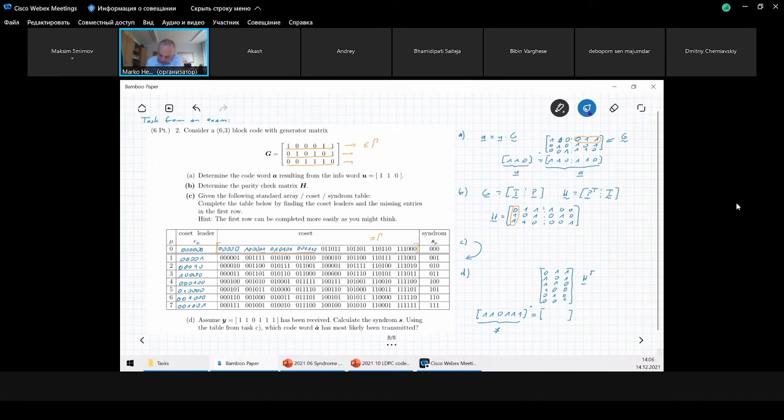So what is wrong with this received sequence? 1 times 0 plus 1 times 1, so we have a 1 here. 0, 1, 0, 0, so we get a 1 here. 1 from here, 0, 1, 0 here. 1 plus 1, 0, plus a 1 from the last one. So this should be our syndrome.